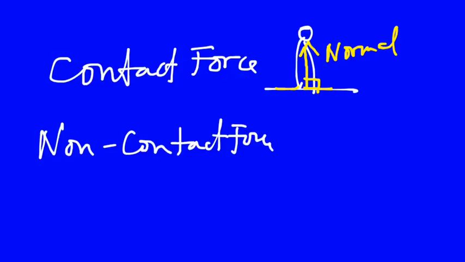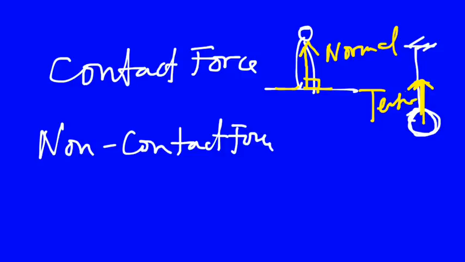Or if you have an object hanging on a string like this, basically this object is pulled by the string with a force called tension, right? So these are examples of contact force.